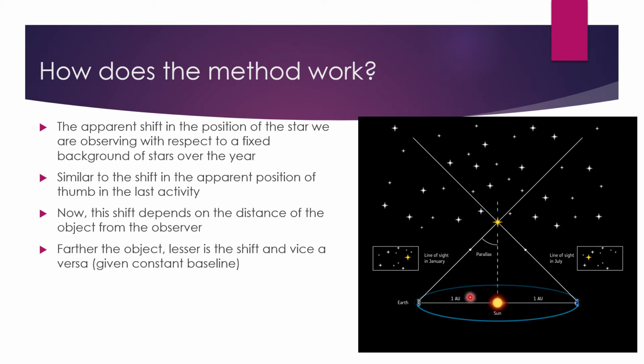Now, the baseline is the distance between the two observations. The baseline is constant during both of the observations of the nearby star and faraway star. So that means the lesser the apparent shift, the farther the object, and vice versa. Now let's look into a little bit of geometry.